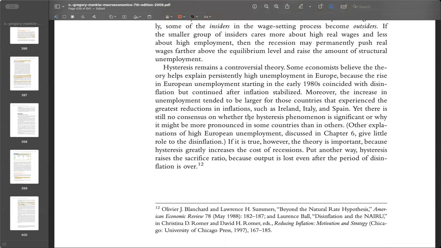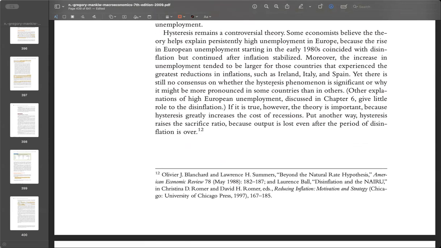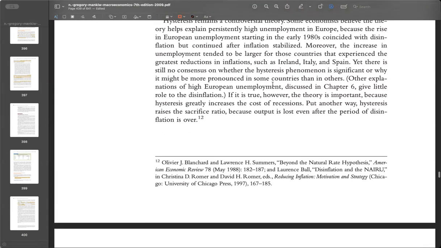Economists believe that the theory can explain the persistently high unemployment in Europe, for example. But at any rate, that's something people should be considering when estimating this Phillips curve, trying to understand this relationship as it applies to the actual economy, including the Philippine economy.